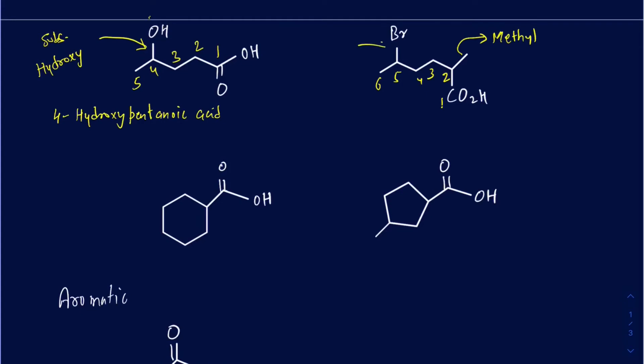And then there is a bromo group coming out of the 5th carbon, so it's going to be between bromo and methyl. Bromo comes first, so it's going to be 5-bromo, and then the second position is methyl. It's going to be 2-methyl, and then it's got 6 carbons, so it's just going to be hexanoic acid.